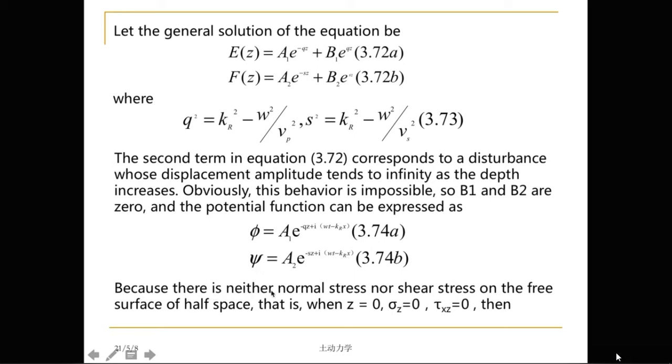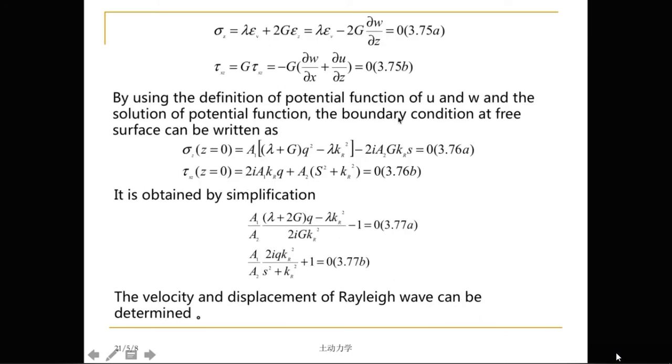Because there is neither normal stress nor shear stress on the free surface of the half space, that is, when z equals 0, sigma z equals 0 and tau xz equals 0. Then sigma z equals lambda epsilon v plus 2g times epsilon z, which equals lambda times epsilon v minus 2g dw dz, equal to 0.